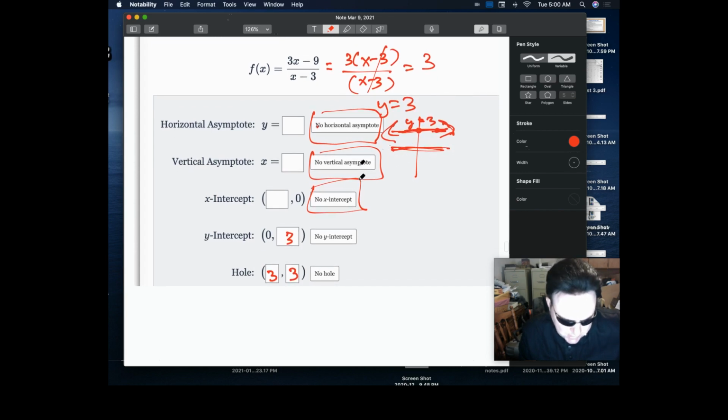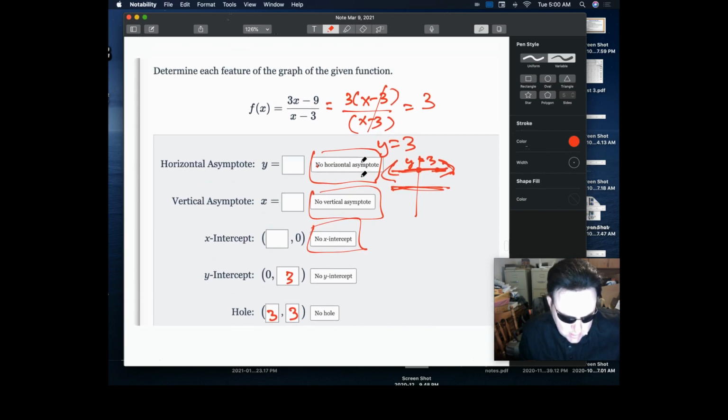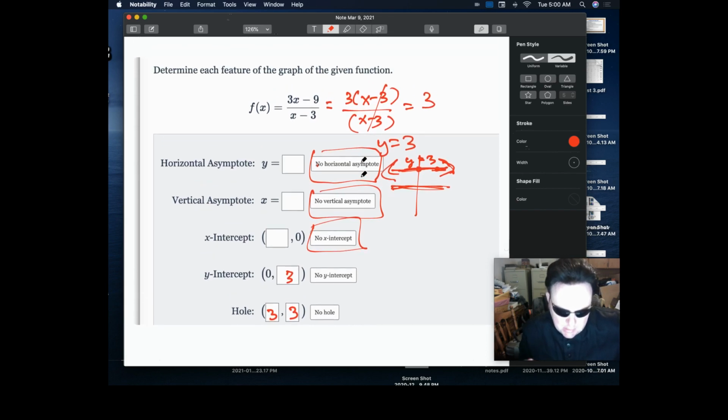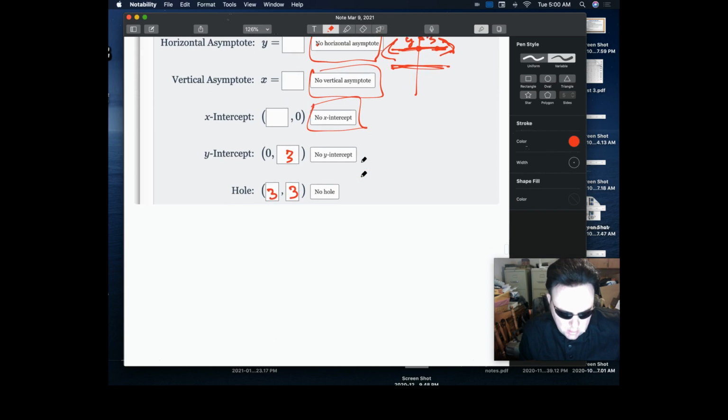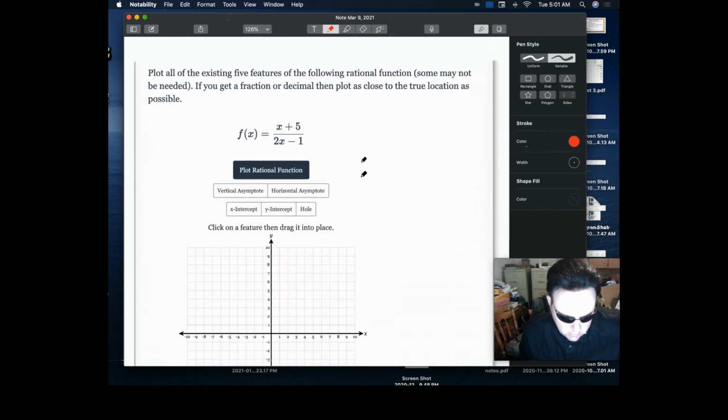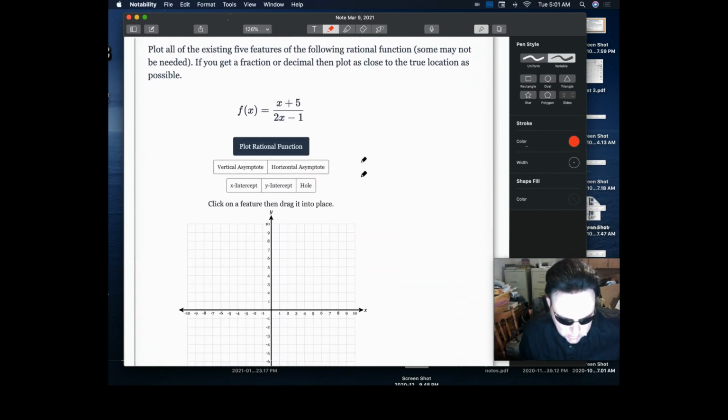So I want to stress that when you're doing these things, think in more than one way. That really helps you out. Even if you know what you're doing, still try to think in multiple avenues because that helps you make sure that what you're doing is correct. So this is just asking us to graph.